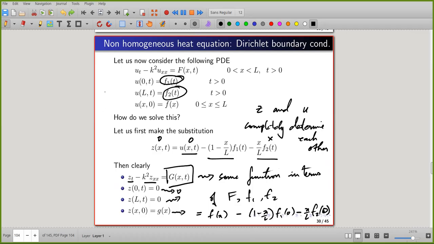Okay, so we have solved by using this simple substitution. We have reduced this problem to this problem. I hope this is clear. Let's just pause for a few seconds, and if you have any questions, please feel free to ask.